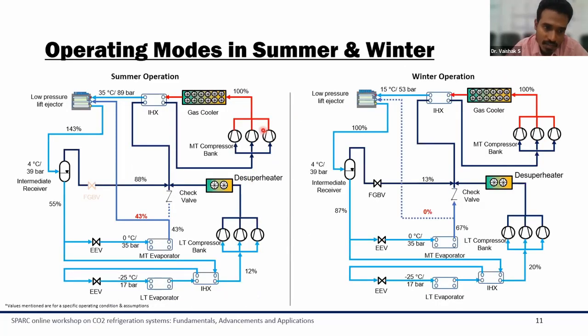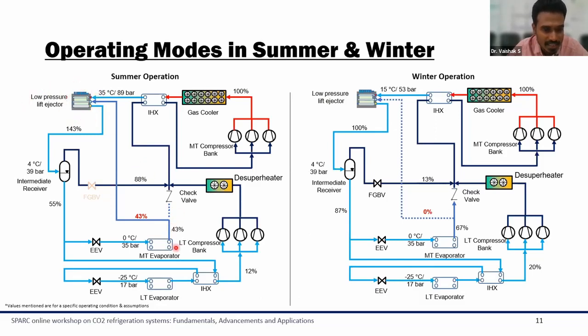In order to show how the mass flow rate happens in this kind of system, I have taken two conditions. That means the operation of this kind of CO2 refrigeration system in summer condition and in winter condition. In the case of summer operation, the ejector will be working in perfect condition.